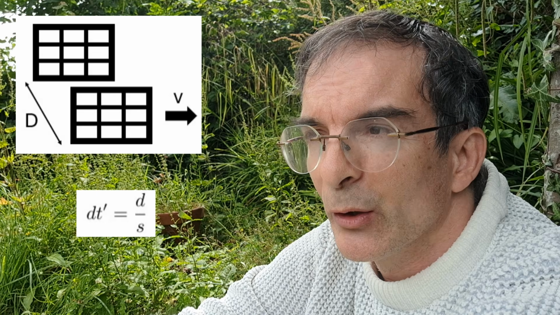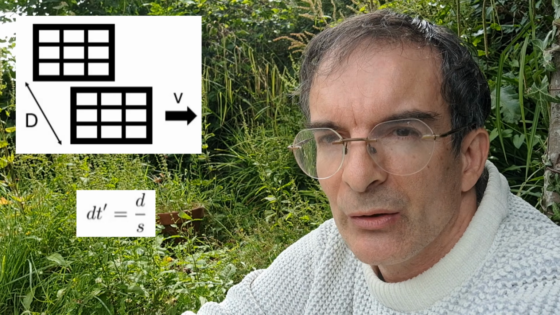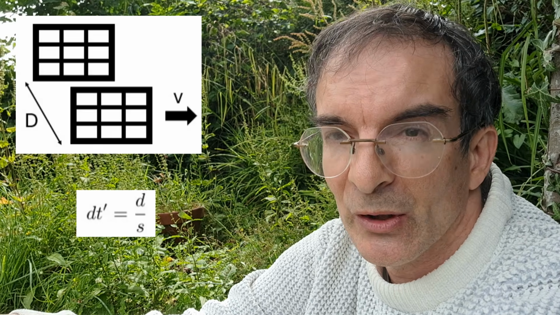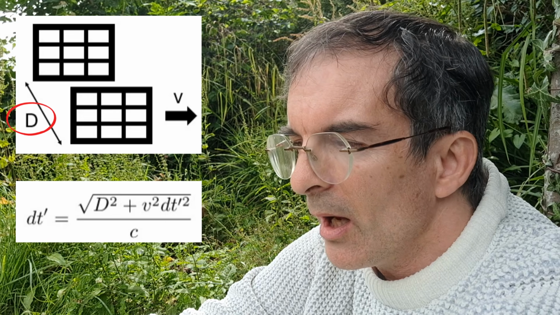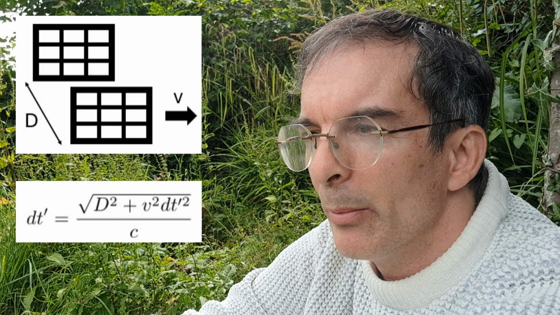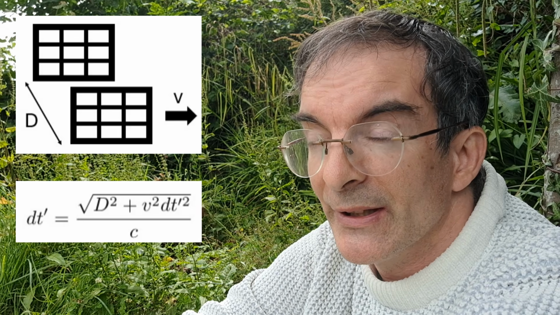So for d, it'll be a Pythagorean addition. So we'll have the actual distance between the two pixels in the two reference frames, so we'll call that capital D. So we get D squared there. And then we'll also have a component as the two reference frames are moving relative to each other.